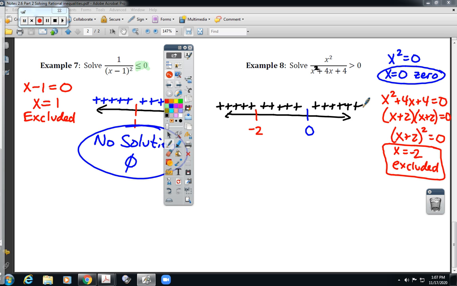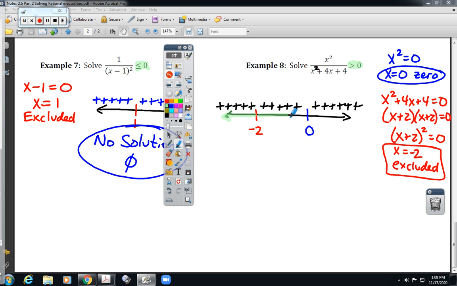So the graph is greater than 0 in several places here, but not everywhere. Despite popular belief, it is not positive everywhere. It is positive from negative infinity to negative 2. Negative 2 is not in the domain, so it's not included.